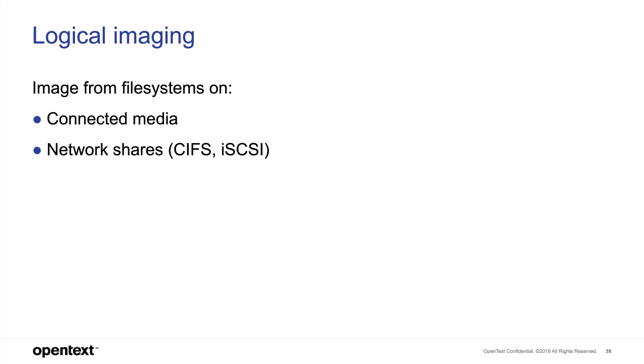If it's just one partition or file system on the media, then your source drive pane on the TX1 UI will look the same, physical or logical. But if there are multiple TX1 readable file systems on the drive, then you will be asked to choose which file system you wish to logically image on the source drive pane.